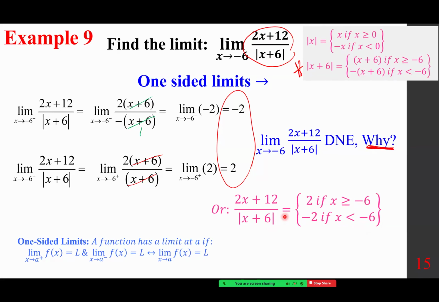And now instead of taking a limit of this, you take a limit of this as x approaches -6 from the right, it becomes 2, from the left it becomes this, and we get to the same answer, meaning the limit does not exist.